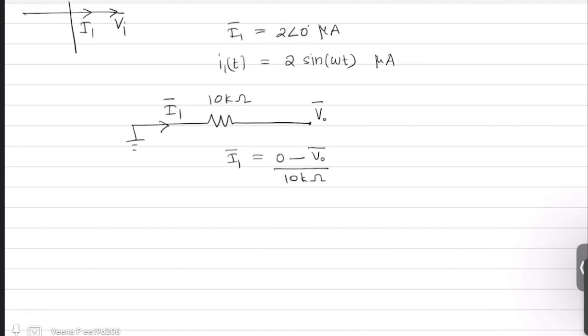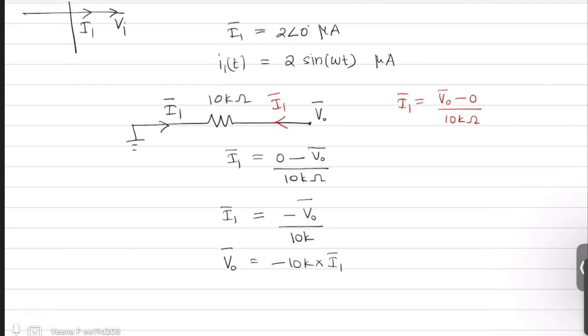Because the direction of current is from 0 volts to V0 volts. If I1 was flowing in the opposite direction, it would have been written as V0 minus 0 by 10 kilo ohm. That is not the case here. So I1 is minus V0 by 10K. That means I can write my V0 as minus 10K times I1.